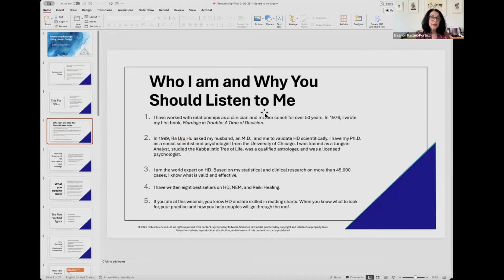There were some things I was able to validate 100%, like type. And I found five, not four types. So, based on my statistical and clinical research on more than 45,000 cases, I know what works in human design, and I know also what is not valid and doesn't really have any significant validity to it.